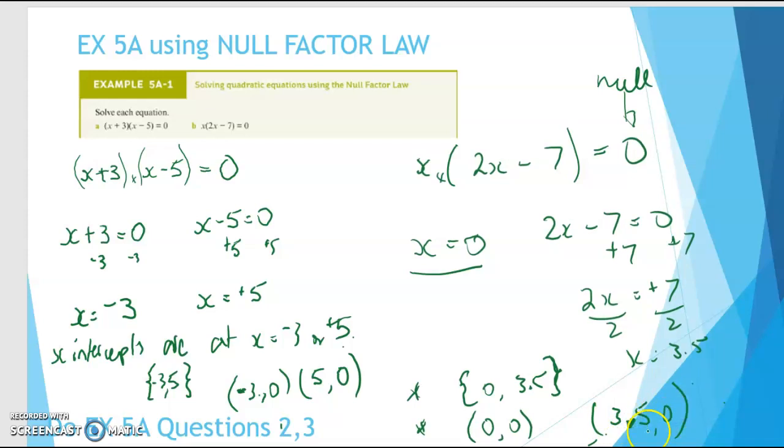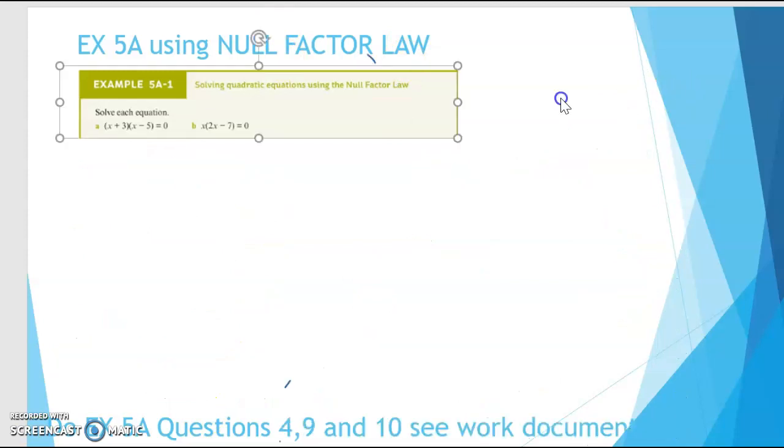So that's how we do these very simple ones when they're already factorized. In actual fact, some of you may have noticed that there's a shortcut. I'll pause for a moment, or you may want to pause while you consider that. All right, did you see what the pattern is? Let's have a look at this one again.